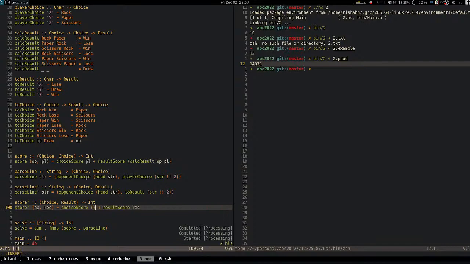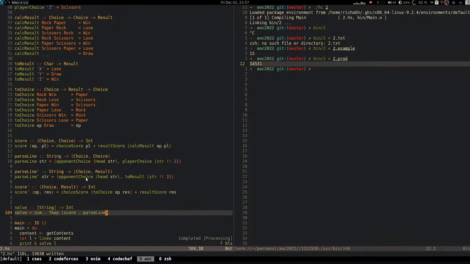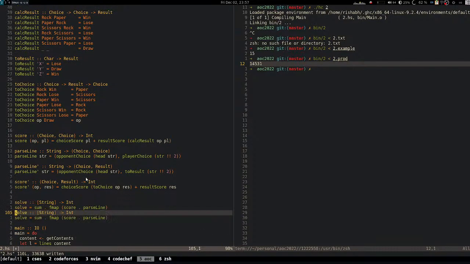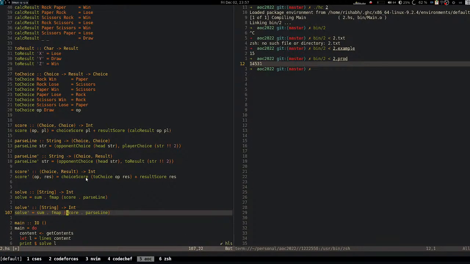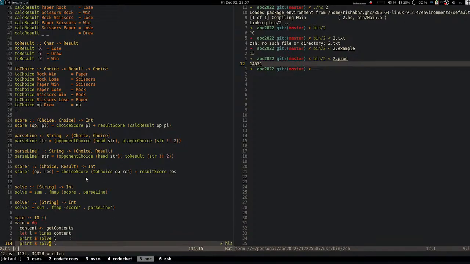And what is choice? Choice is actually to choice of OP and result, right? So this is score prime, and solve prime is just mapping the things with score prime and parse line prime, right? And that should be it actually.